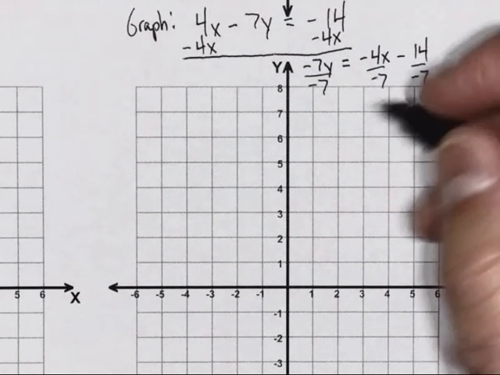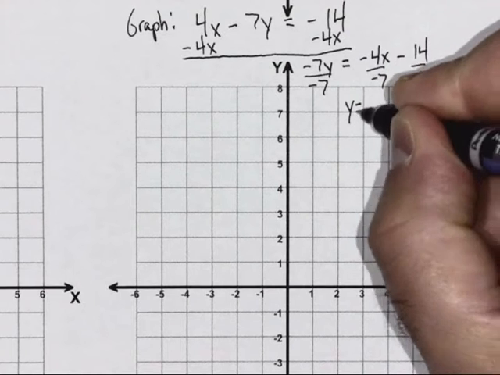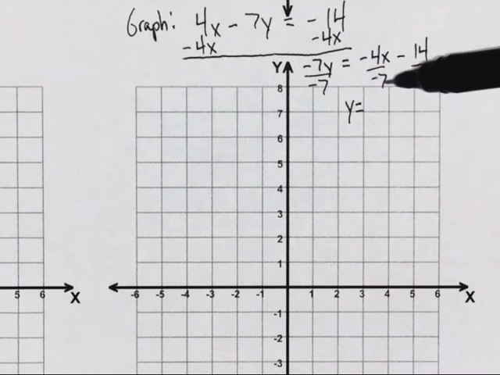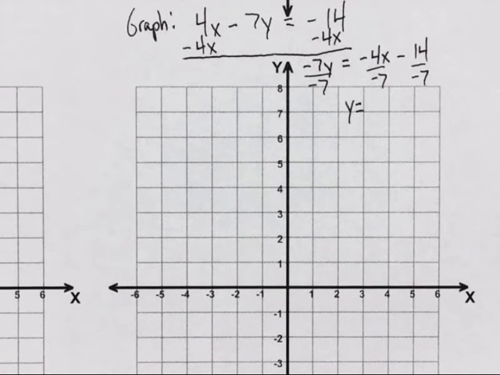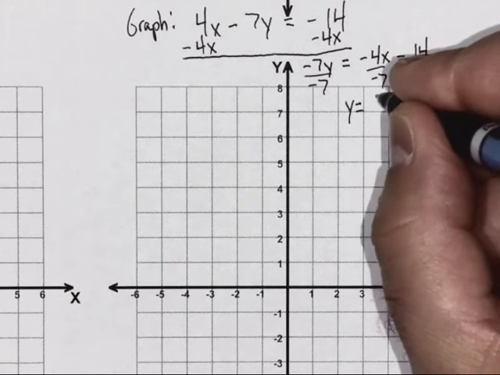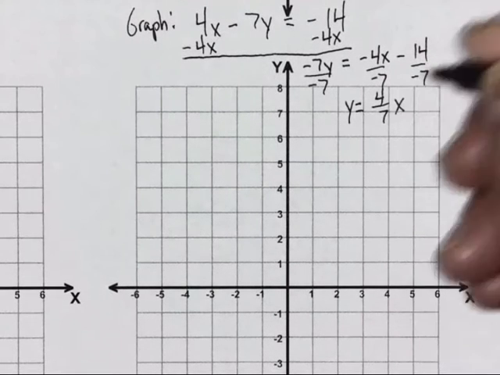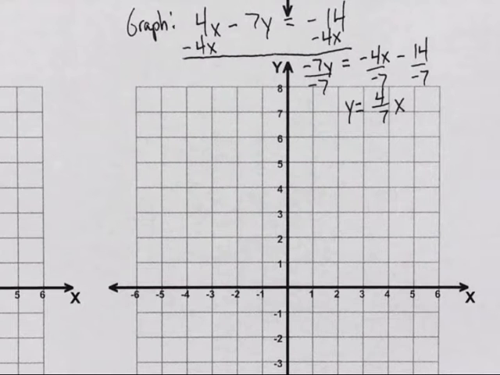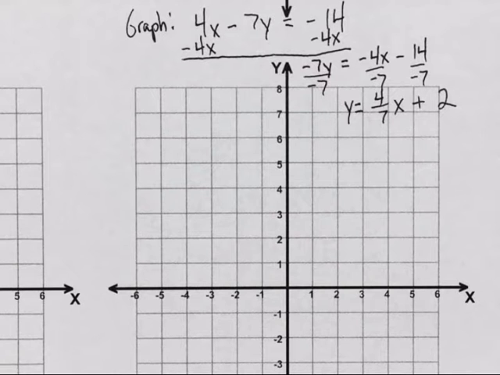That gives me y equals, and negative 7 is not going to go into negative 4, so that remains a fraction, and a negative divided by a negative is a positive, so 4/7 x, and then negative 7 into negative 14 is a positive 2. So the equation in slope-intercept form is y equals 4/7 x plus 2.